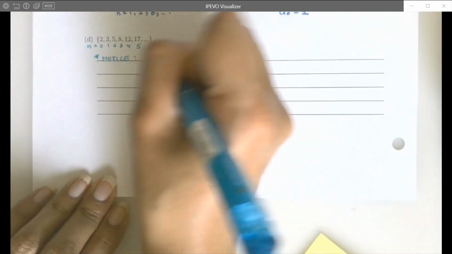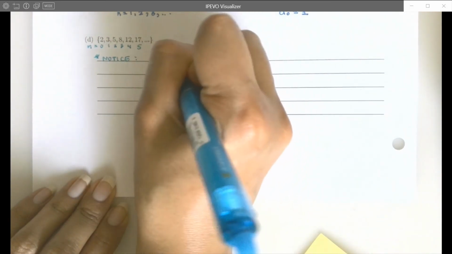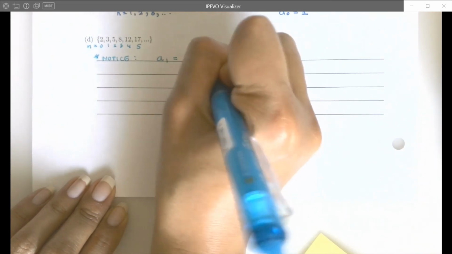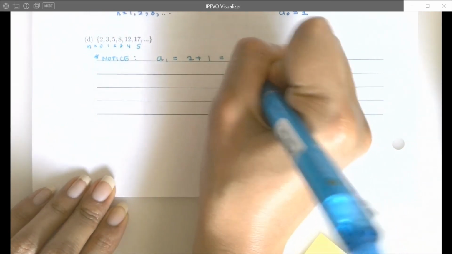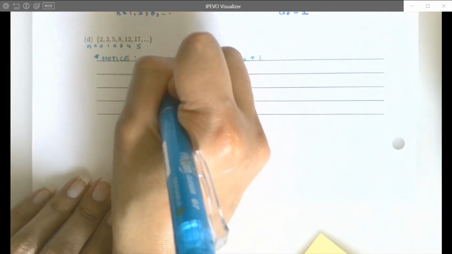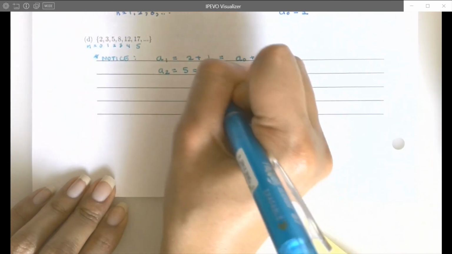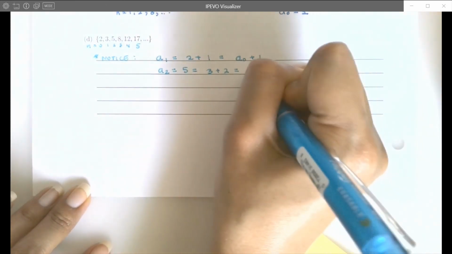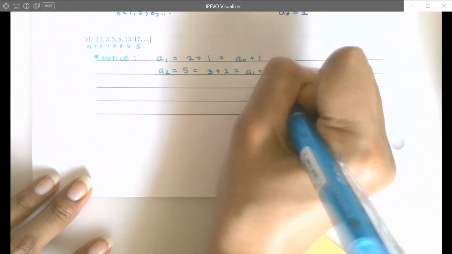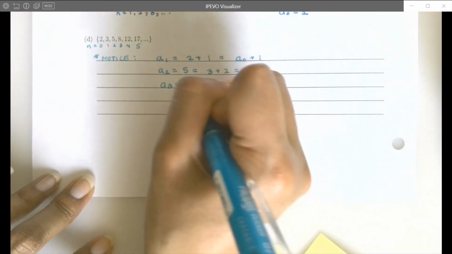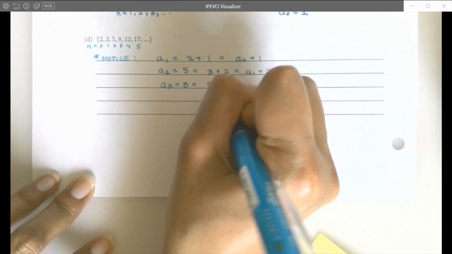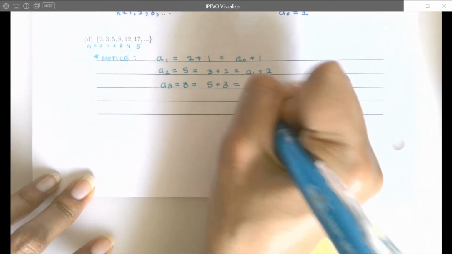Okay, so for A1, that is simply a 2 plus a 1, which is A0 plus 1. For A2, which is, by the way, 5, that is a 3 plus a 2, which is A1 plus 2. A3 is 8, which is a 5 plus a 3, and that is a 2 plus 3.